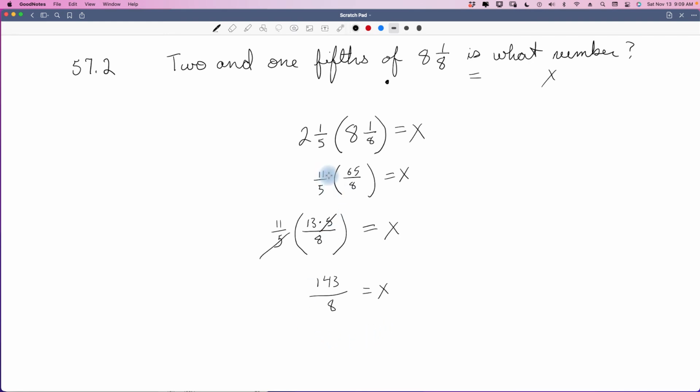Before, when we did 11 times 65 and 5 times 8, we were going to have to reduce, dividing the top and the bottom by 5. But in this way, we did this division first. So we saved a step. We only have to multiply here. So then we don't have to scramble around and figure out what number to reduce by. We just go ahead and do our final answer on the front end.